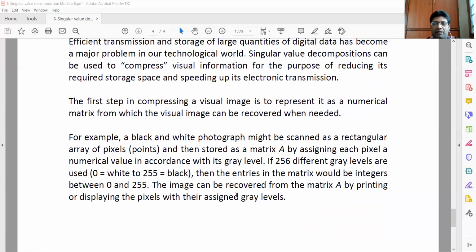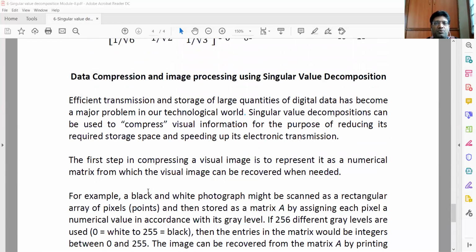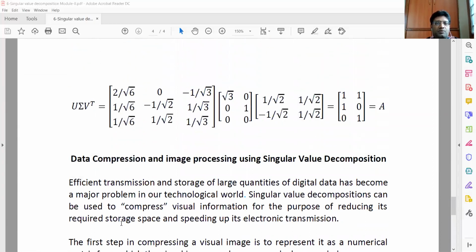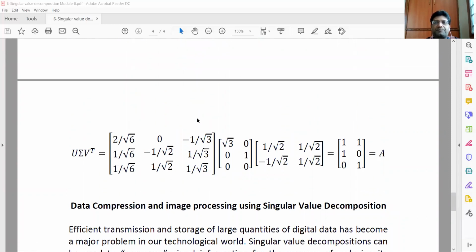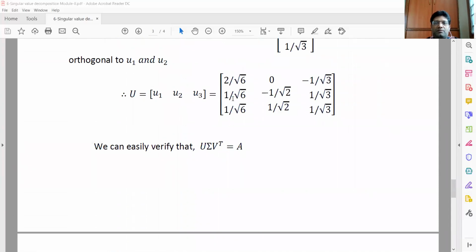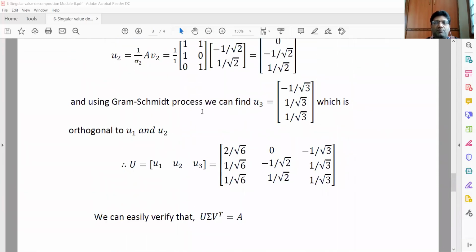The image can be recovered from the matrix A by printing or displaying the pixels with their assigned gray levels. So this is the procedure, which is one of the applications of singular value decomposition. So this is a simple process.